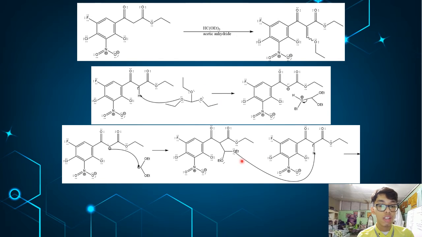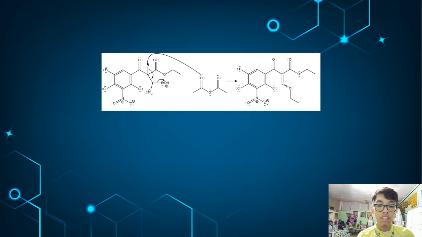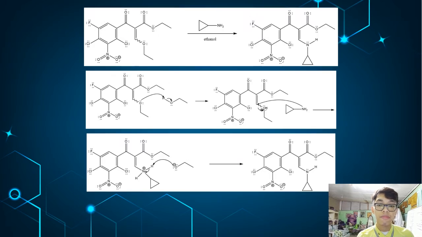It would deprotonate another one of these, which gives us this compound here. And then the anhydride would deprotonate, leading us to the kicking of this leaving group and the formation of the double bond, giving us this product.